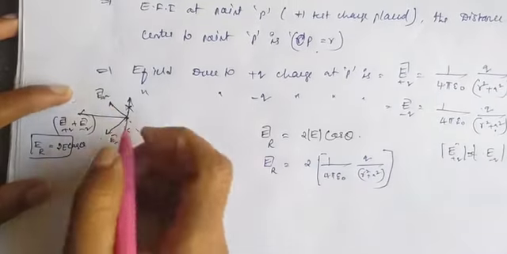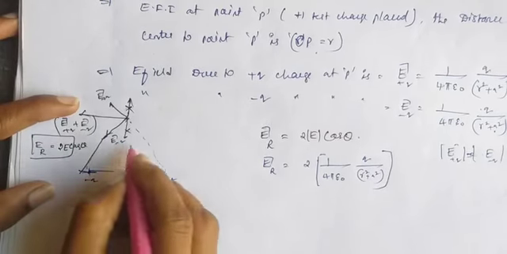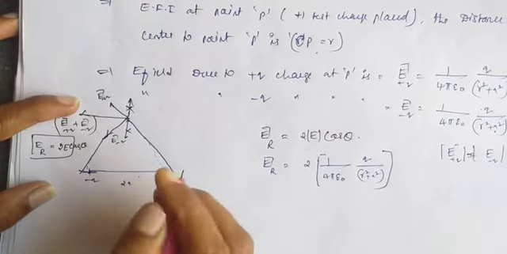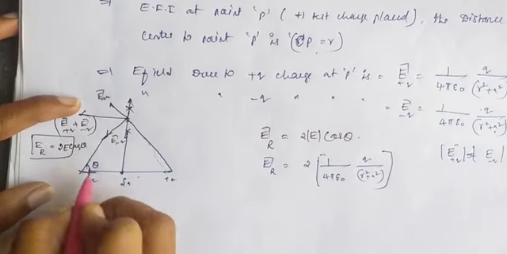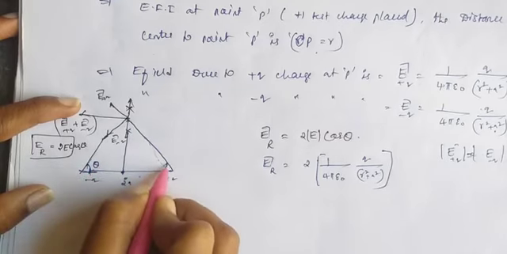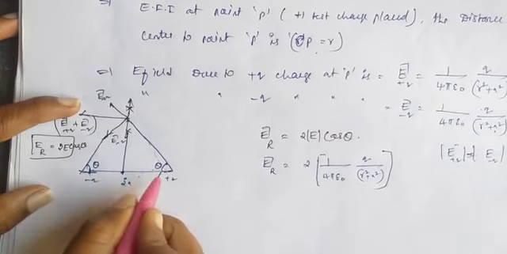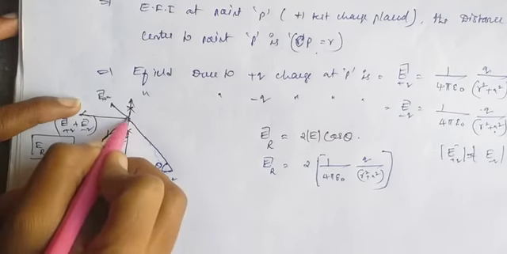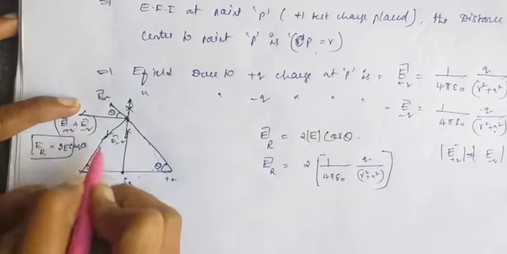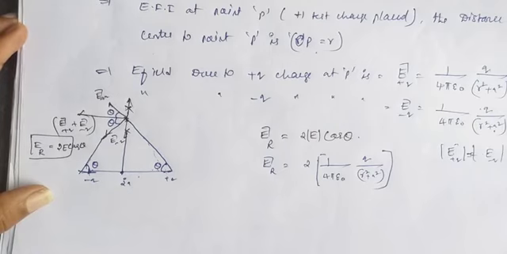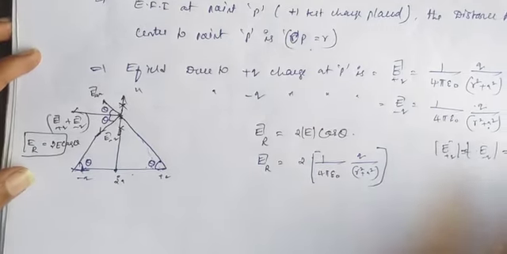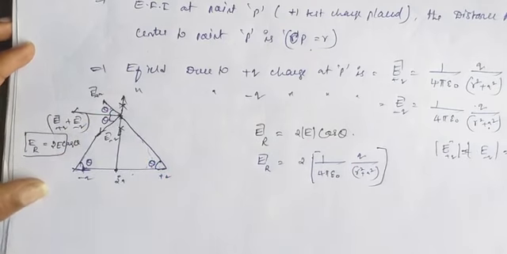Okay, so for the cos theta, see here. Here is the center, and this is the angle theta. As this is the angle theta in the triangle, so the alternate and corresponding angle is also theta. So here is the theta, here also theta. Now see, we have to get the cos theta.